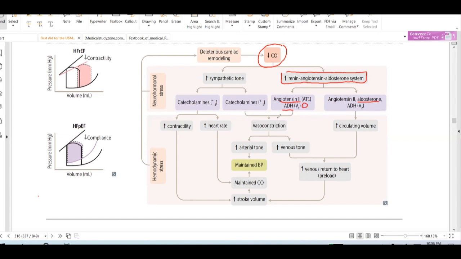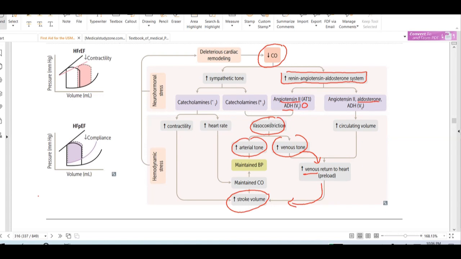Both of these are vasoconstrictors, so they lead to increased arterial tone and increased venous tone. Venous tone leads to increased venous return, which leads to increased volume returning to the heart and increased stroke volume.